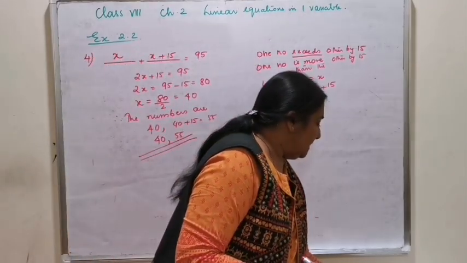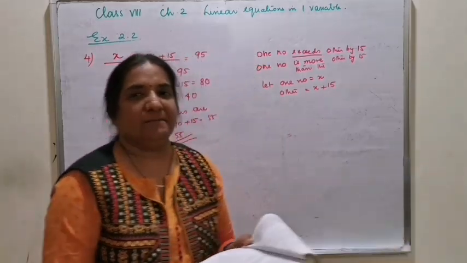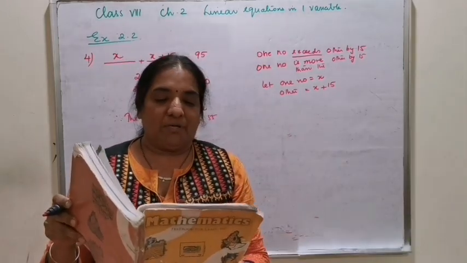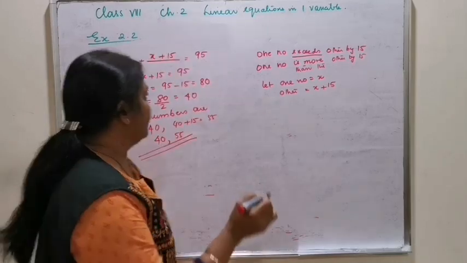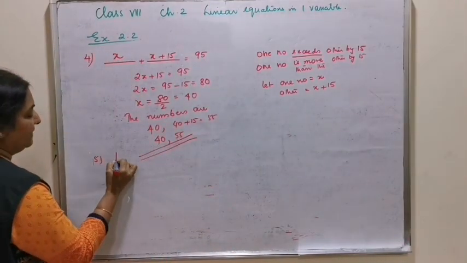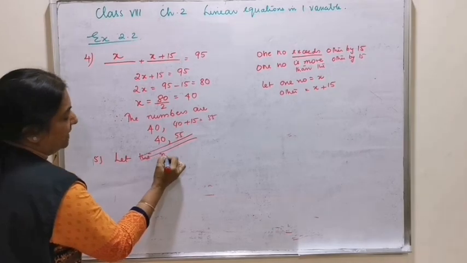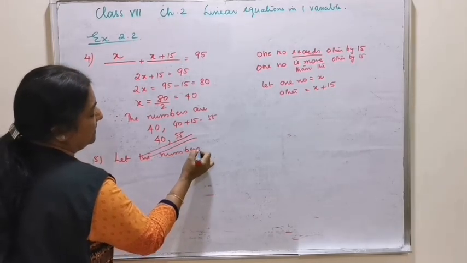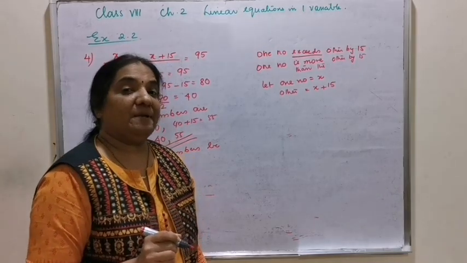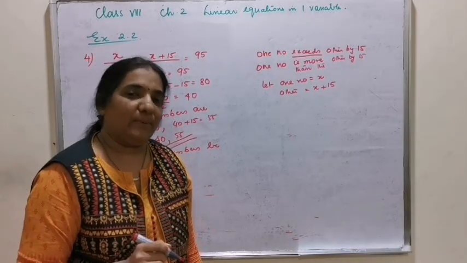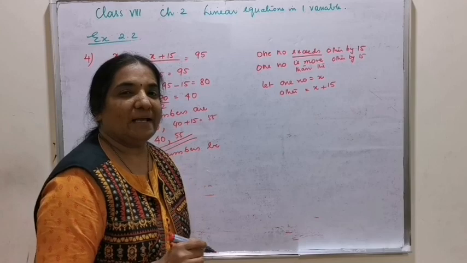Next question, number 5, a very simple one. Two numbers are in the ratio 5:3. Let the numbers be, as I told you, if they are in the ratio, it should be multiplied with a constant value. Let's take the constant value as x.